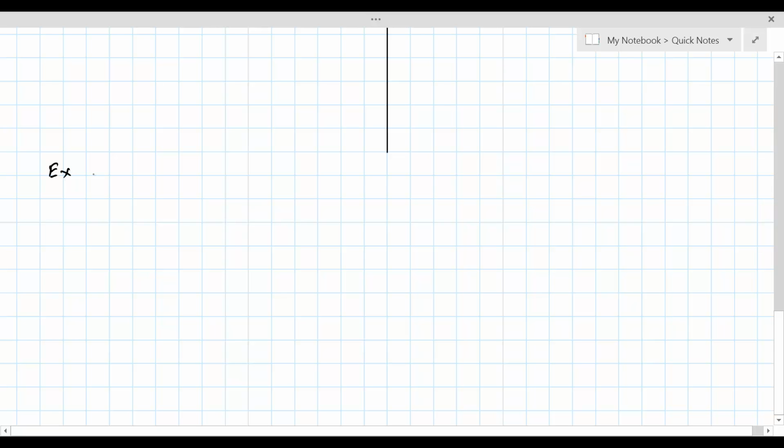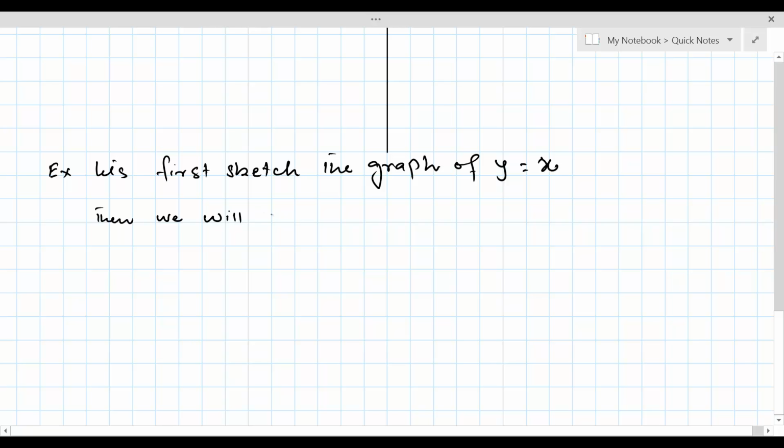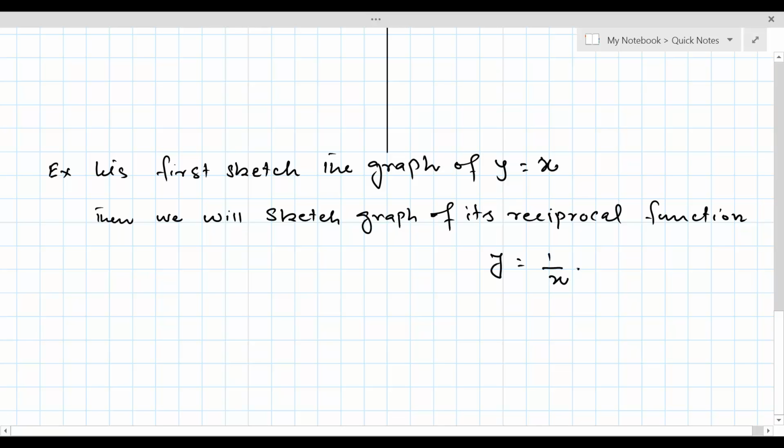For example, let's first sketch the graph of y is equal to x, and then we'll sketch the graph of its reciprocal function, y is equal to 1 over x, because x times 1 over x will be equal to 1.